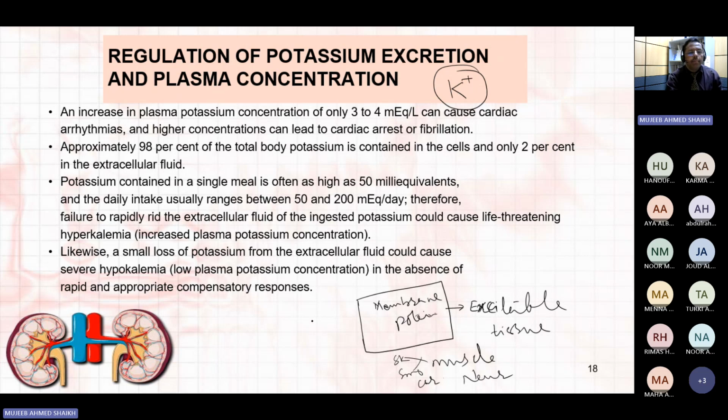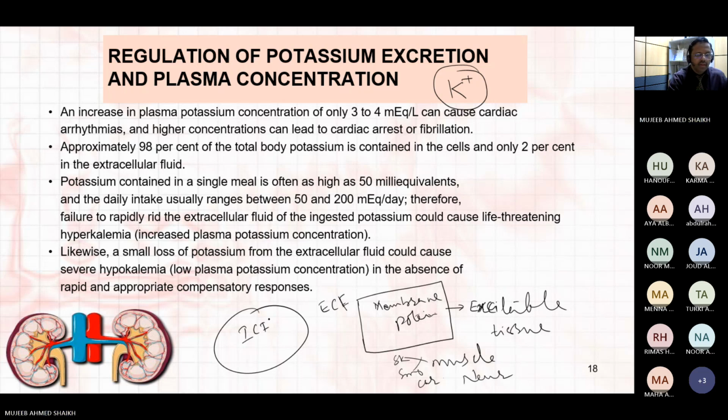Suppose this is a cell, this is ICF and this is ECF. What is the meaning of ICF and ECF? Intracellular fluid, extracellular fluid. And potassium is maximum where?